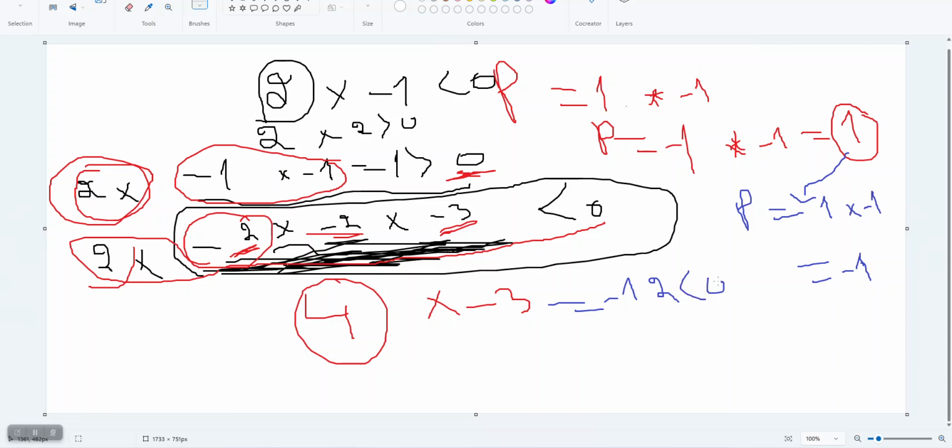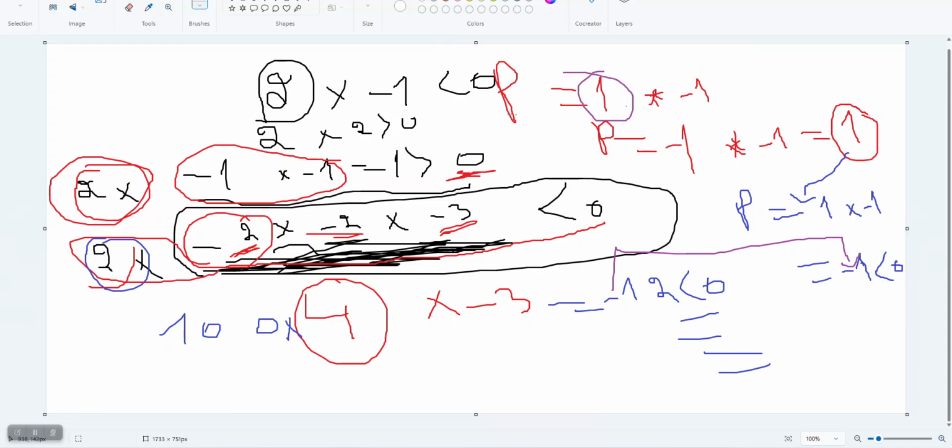Even if we have 2 or 10 or any positive integer here, if I multiply this by 100, it will still be less than 0. So it will not affect the sign of the product. That's why we use it only once, just to check the sign, because we only care about the sign.